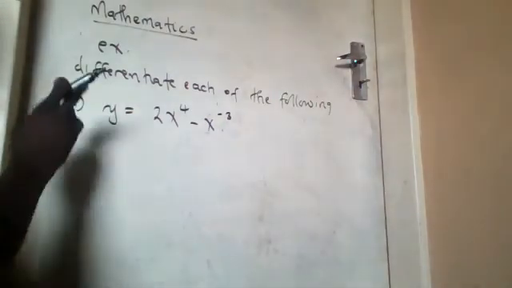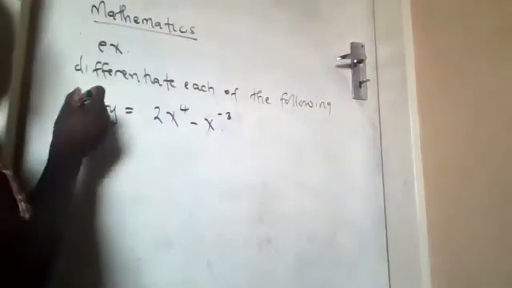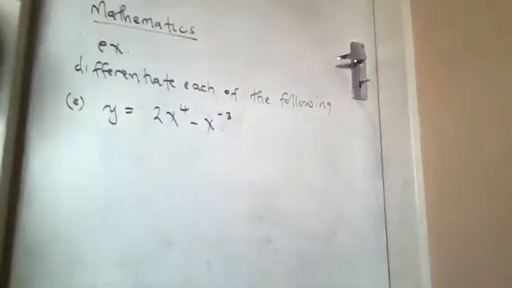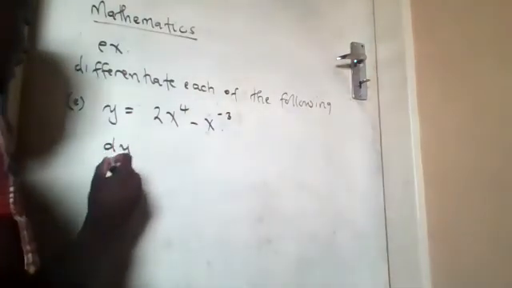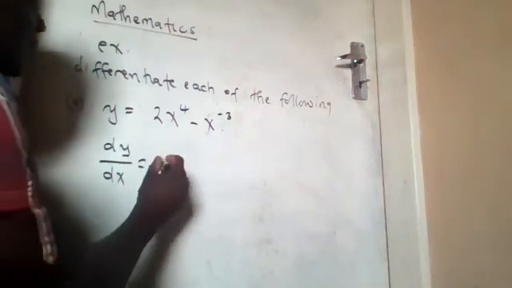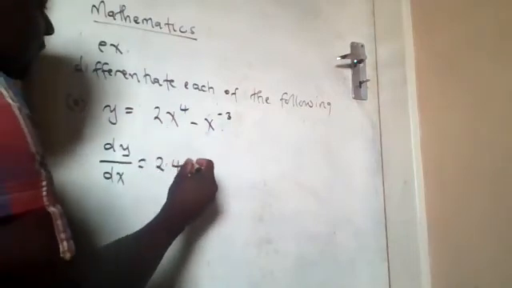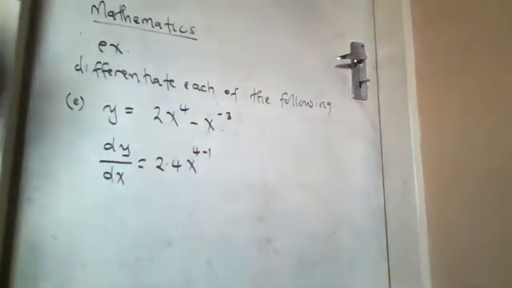So how do you deal with such? The concept is just the same. So we say dy over dx, it's 2 times the power, which is 4, x, and from the power we subtract 1. I believe we have no issues with that.